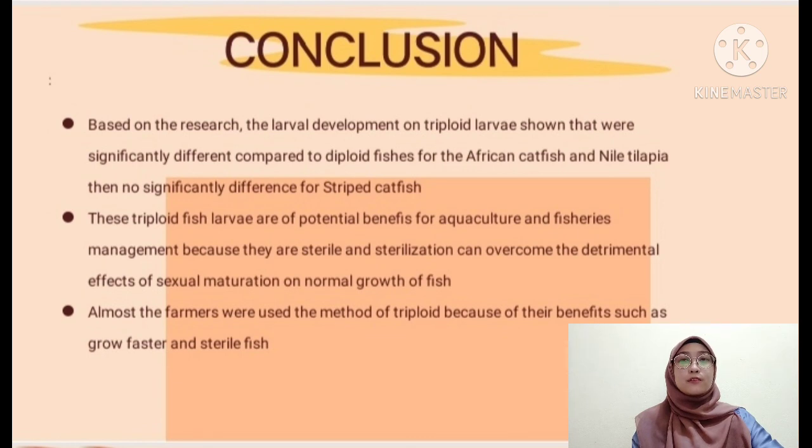These triploid fish larvae are of potential benefits for aquaculture and fisheries management because they are sterile and sterilization can overcome the detrimental effects of sexual maturation or normal growth of fish. Almost the farmer will use the method of triploids because of their benefits such as grow faster and sterile fish.